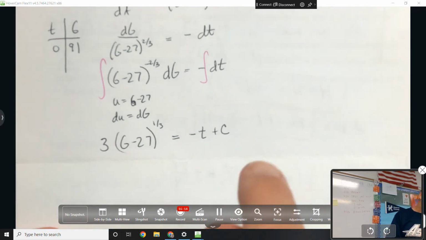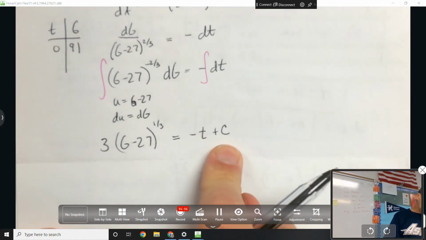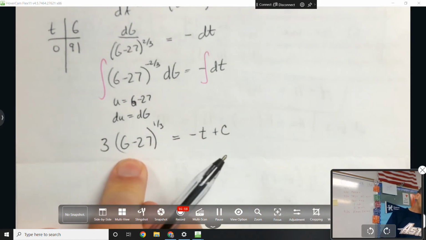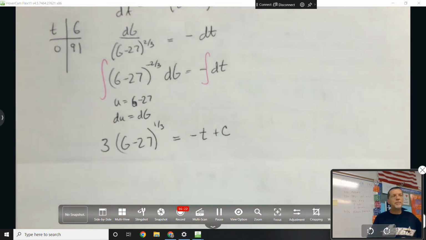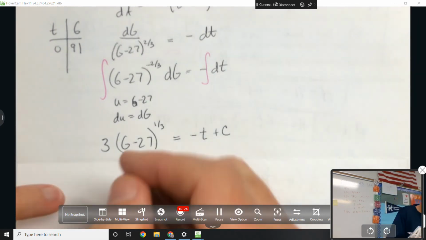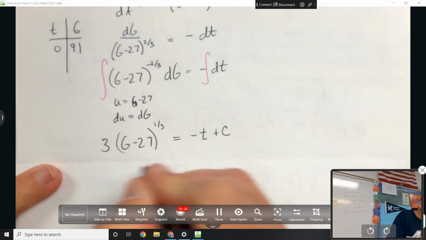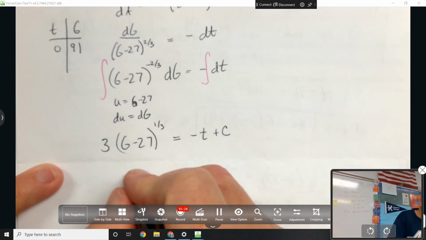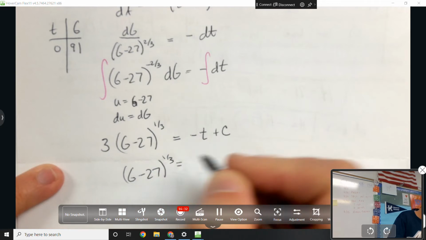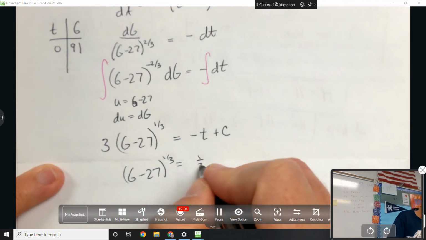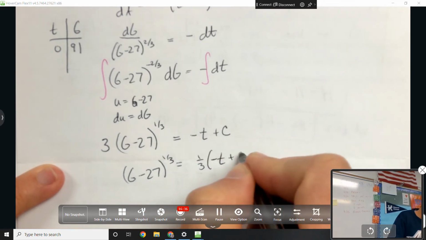All right, some people will solve for c here and then get g by itself. Other people will get g by itself and then solve for c. Doesn't matter. I think I want to get g by itself and then solve for c. So g minus 27 to the 1/3 equals 1/3 times negative t plus c.